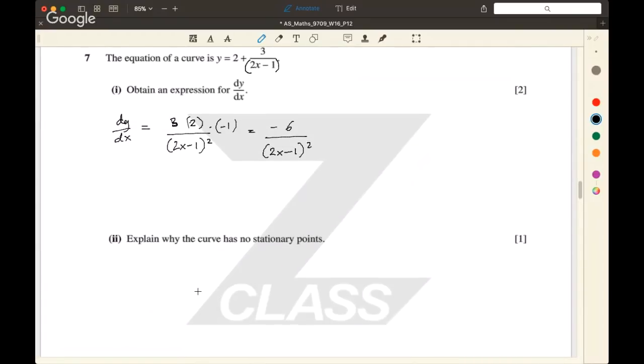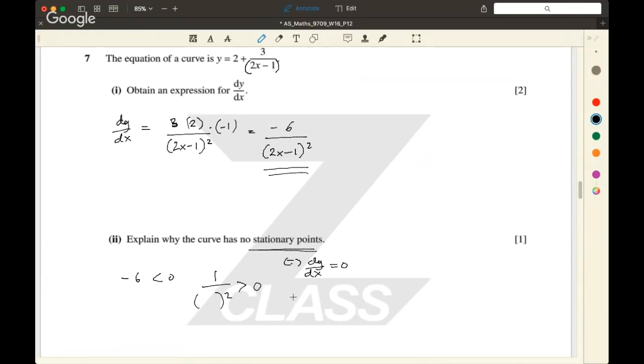Now we need to explain why the curve has no stationary points. Well, a stationary point is the same thing as saying that dy dx is equal to 0. Now, how do you make this thing equal to 0? You can't. It literally doesn't have any way that it can. Minus 6 is less than 0, and 1 over this bracket squared is strictly greater than 0.